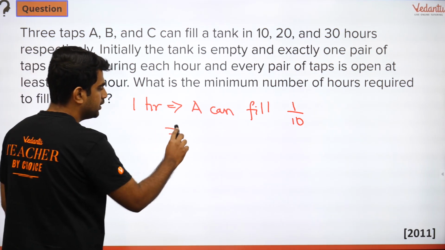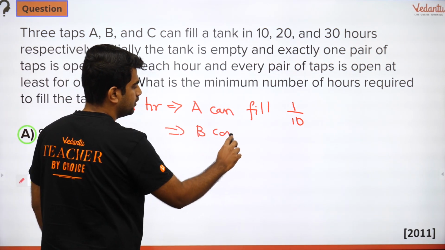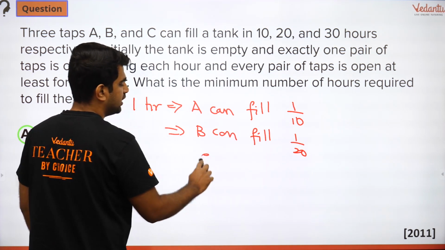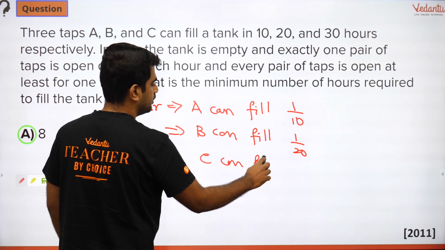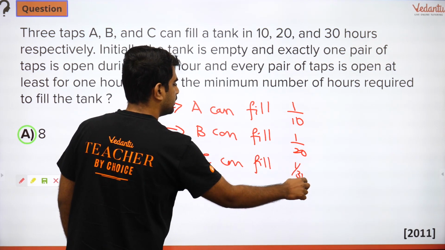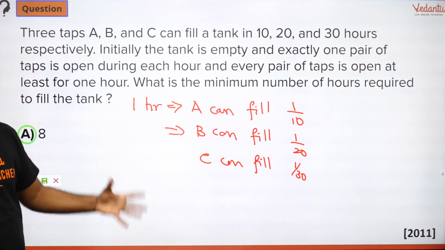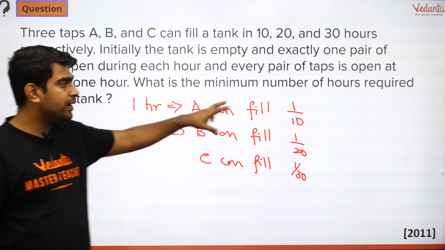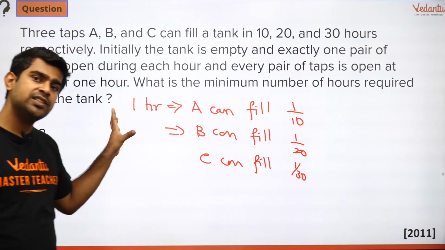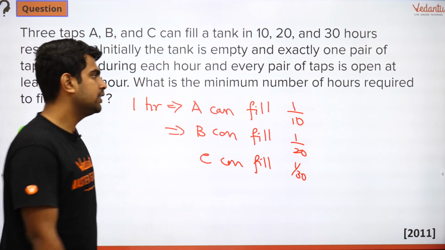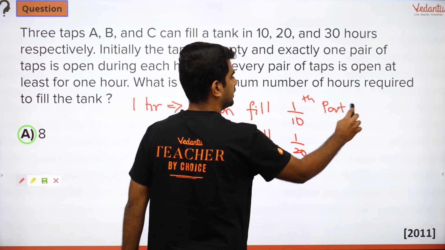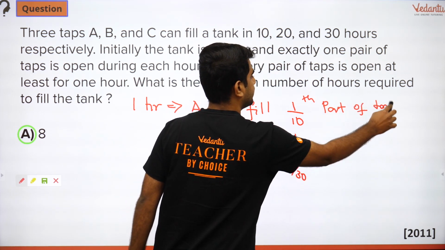And similarly, B can fill 1/20th. Similarly, C can fill 1/30th of the tank. Because in 10 hours, it can fill the whole tank, so in 1 hour it can fill only 1/10th part of the tank. That's the meaning of it. Okay, when I say 1/10.